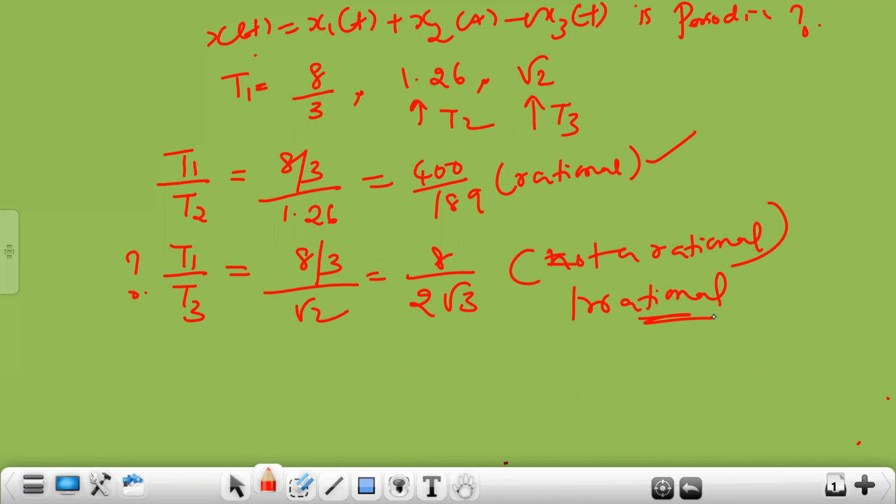So since this condition is not satisfied, our signal is not periodic. So we are not going to find T0. We will stop this abruptly. Take down this.